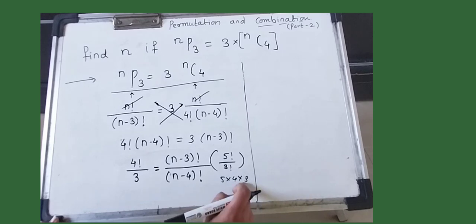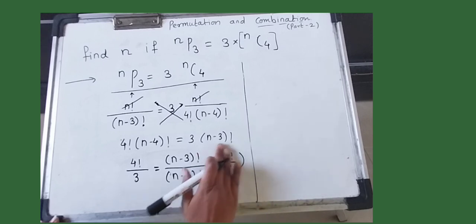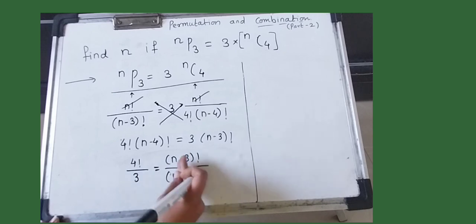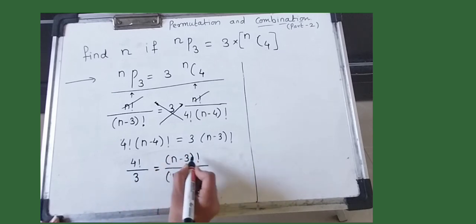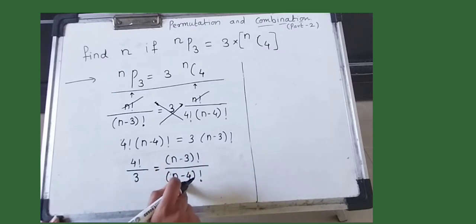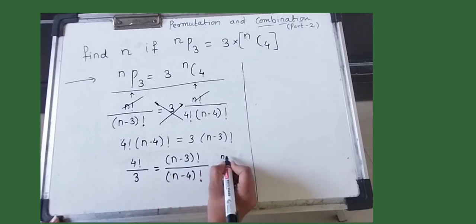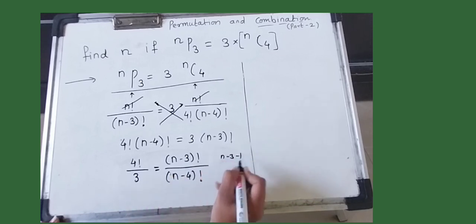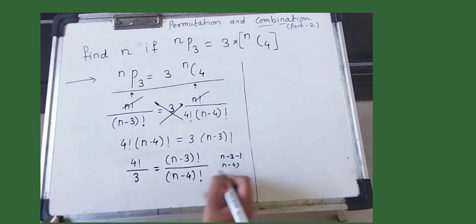I subtract 2 from 5, I write down 3. Similarly, if I subtract 1 from n minus 3, it becomes n minus 4. See, n minus 3 minus 1, it becomes n minus 4.